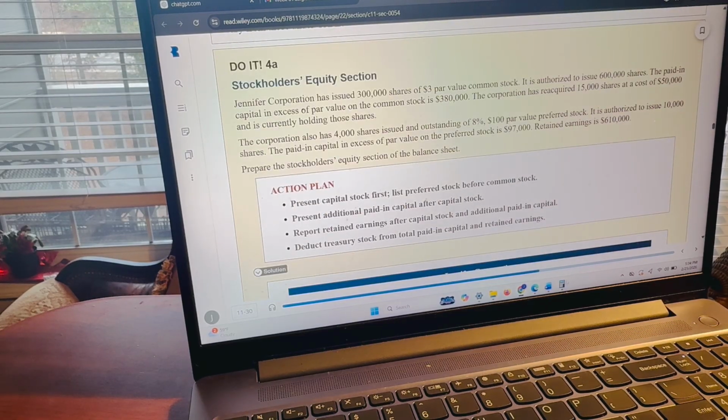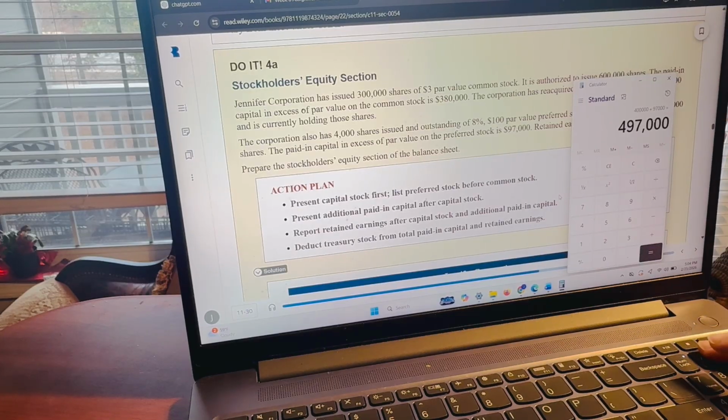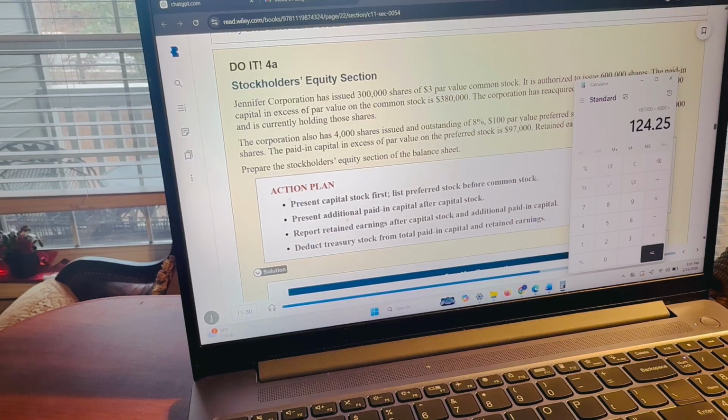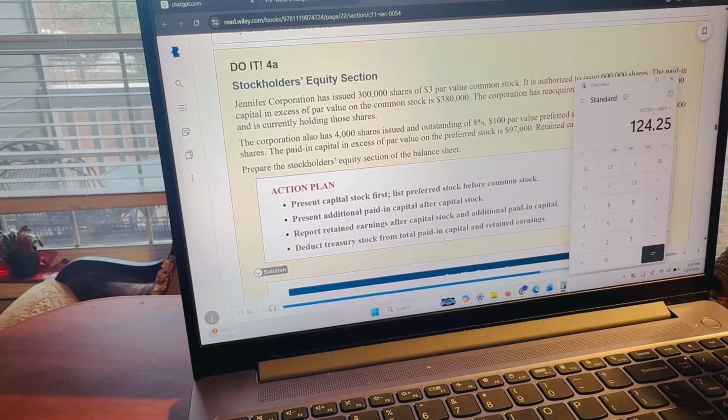So to get the total price per share now, we're going to divide by the total number of shares issued, which is 4,000. And that gives us a total price per share of $124.25. Now we know that the $100 is the par value. So to isolate the APIC, or the additional paid in capital amount per share, we take this 124.25 minus the $100 par value.